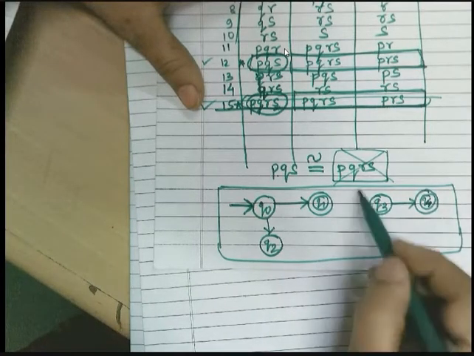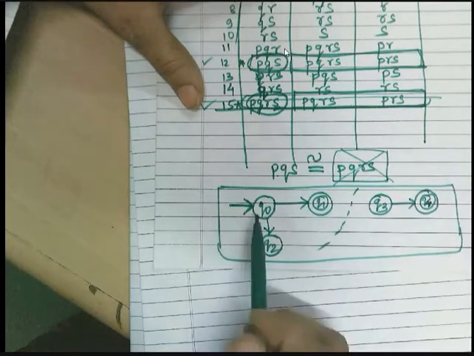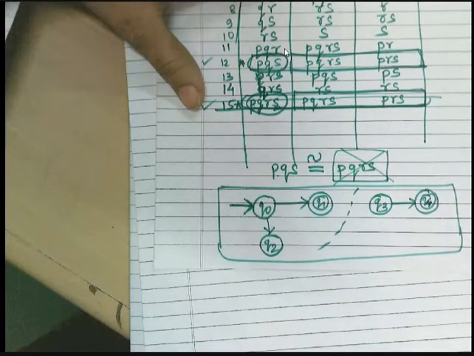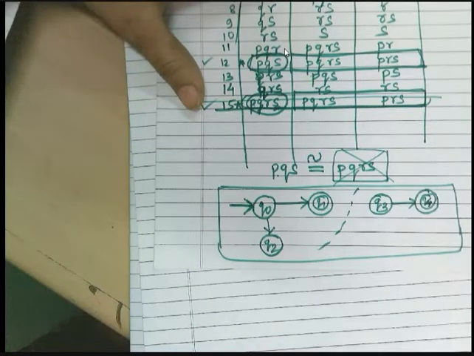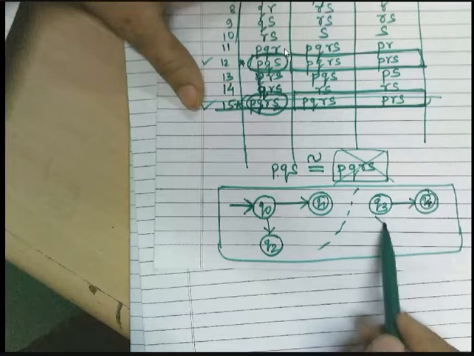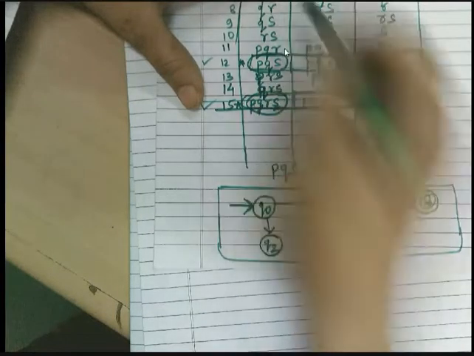So there is actually a break in the network starting from the initial state. Such a break or unreachable state should be avoided. They will not be part of the final DFA.